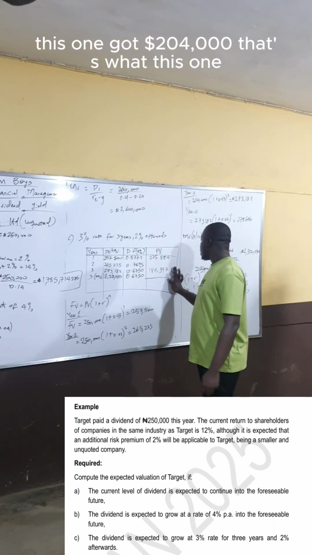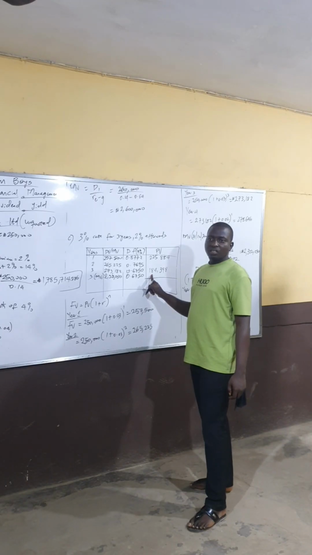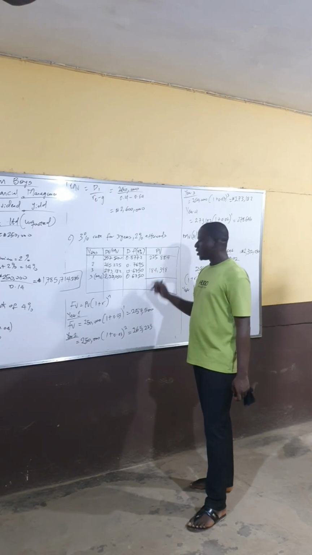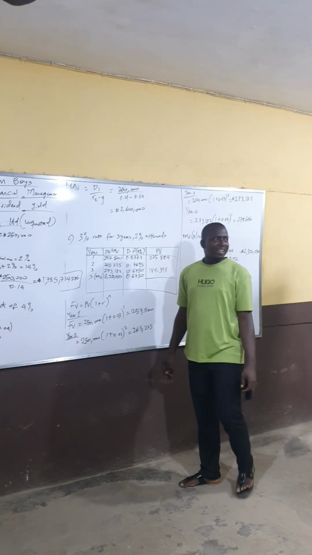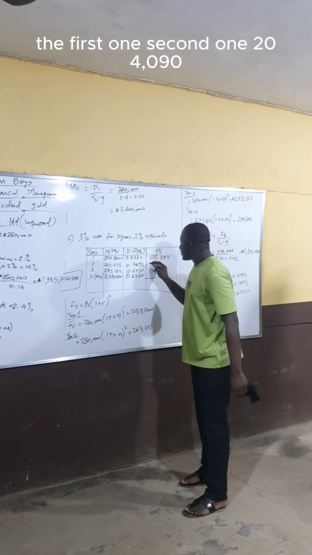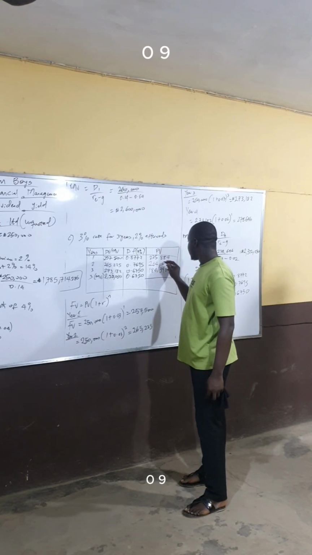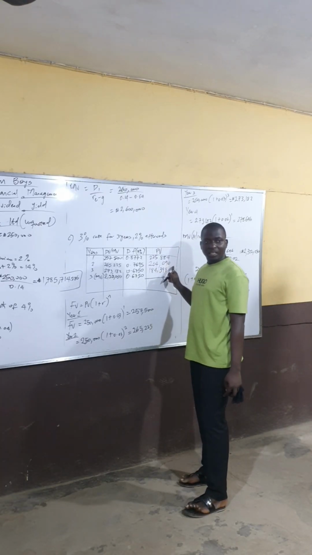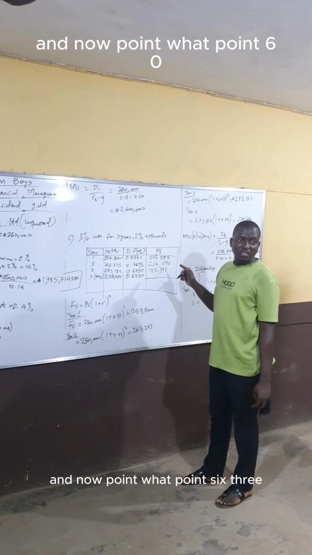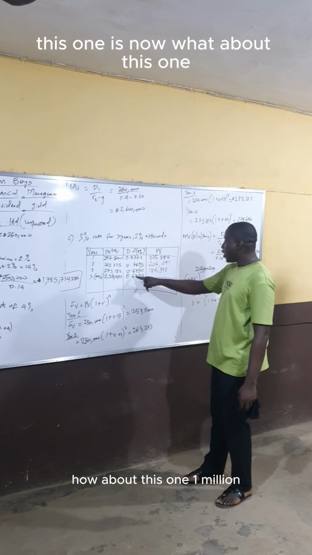This one, 404,090. 0.6750. Let's just put this one here, approximately. Now what about this one?